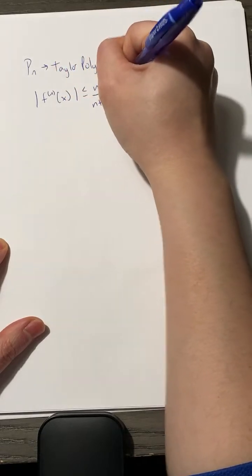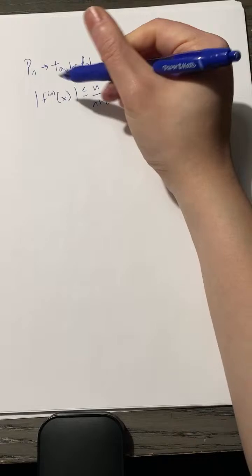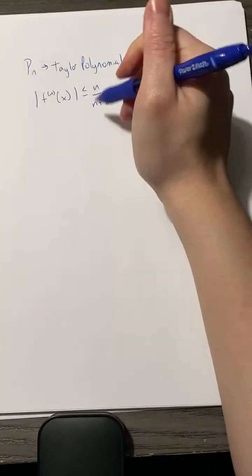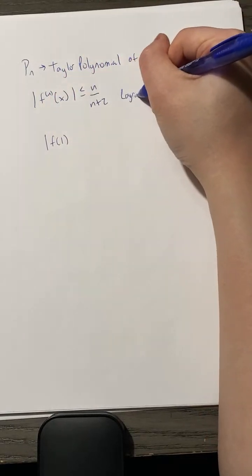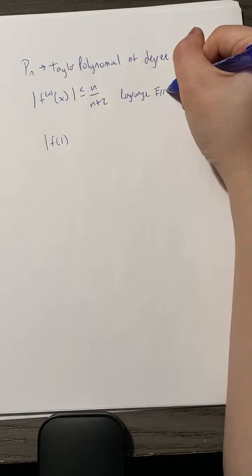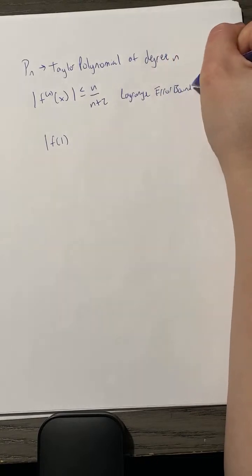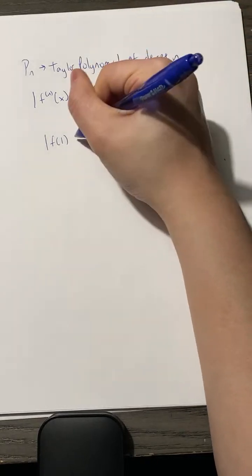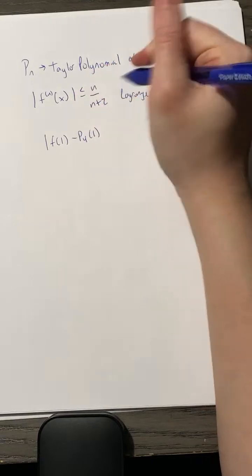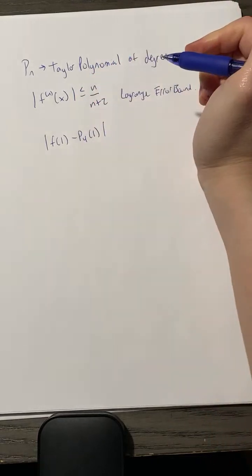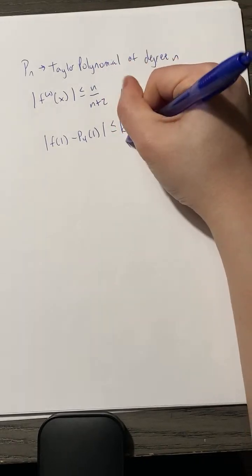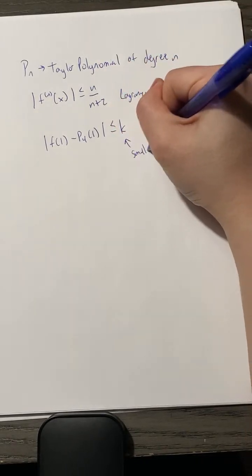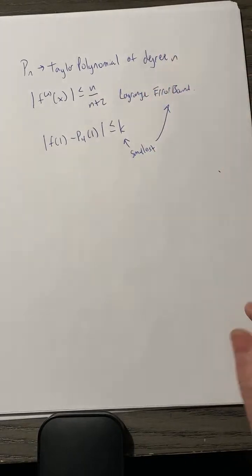So anytime I see this derivative thing, I'm like, oh, this is the factorial formula probably. And then they want you to show that this is true using Lagrange error bound. Minus P4 of 1. And we want to find the smallest number, so the smallest error bound possible by Lagrange.